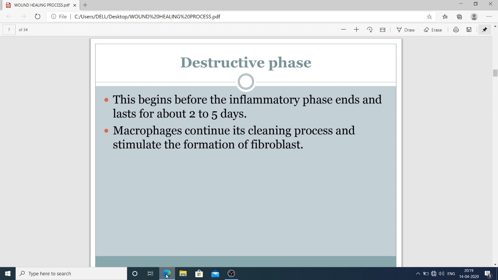Macrophages continue their cleaning process because they have the ability to find and eat bacteria and viruses, and stimulate the formation of fibroblasts. Fibroblasts are a kind of cell in connective tissue which produce collagen and other fibers.